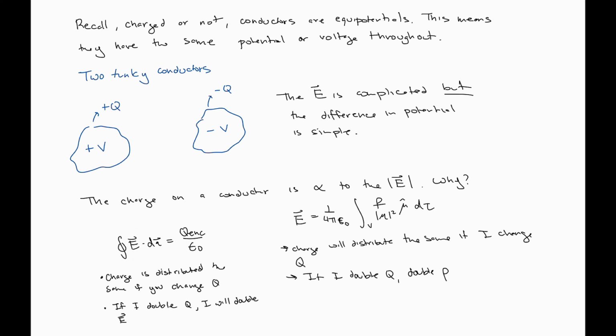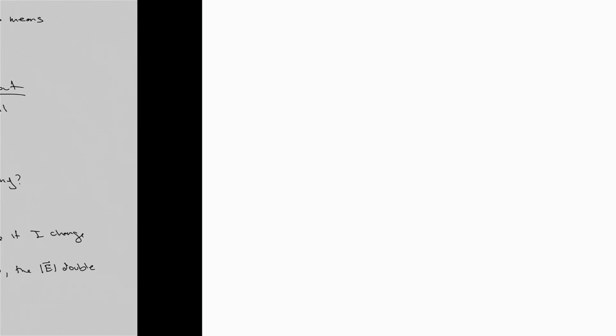And if I double rho, then my electric field will also double everywhere. So based on that argument, I have this idea that the electric field is going to be proportional to Q, which, remember, is the charge on the conductors.